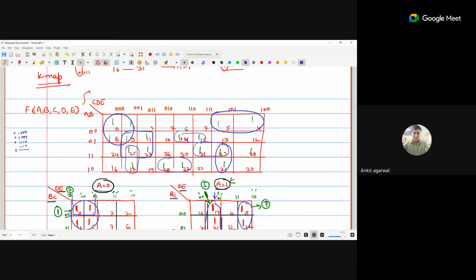Create a group of this one also. This and group of this is also possible.